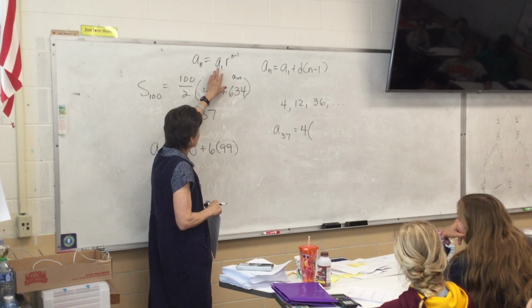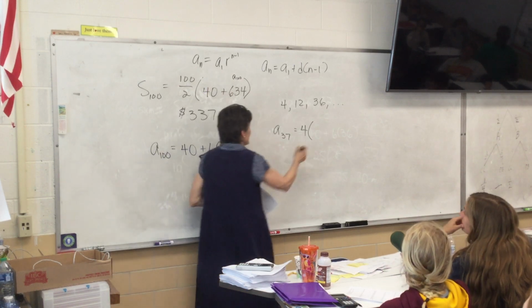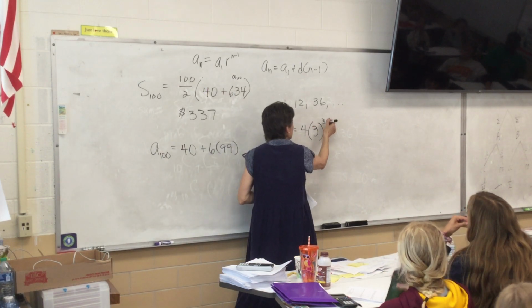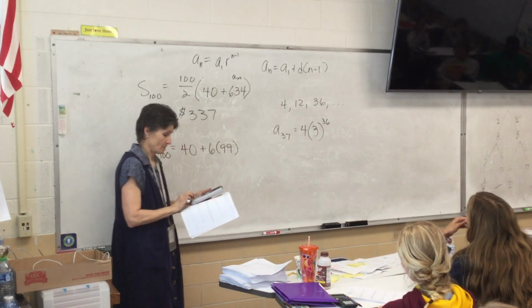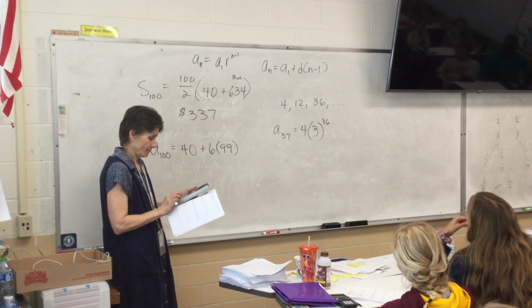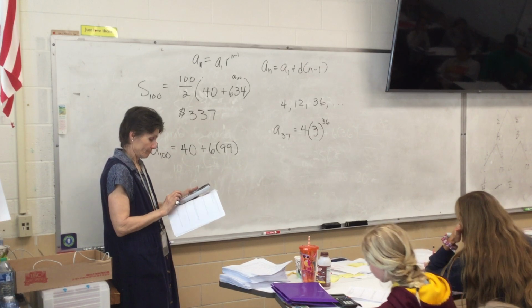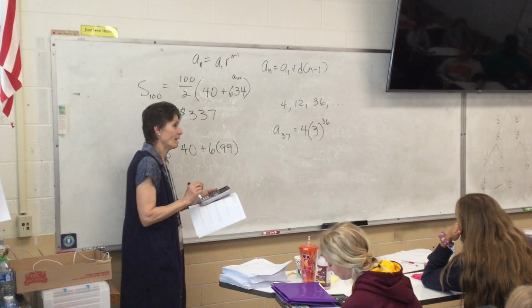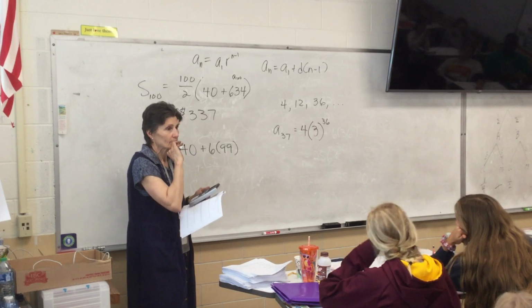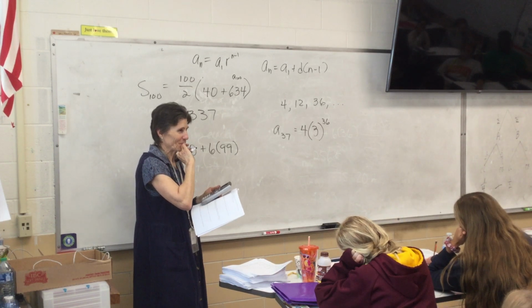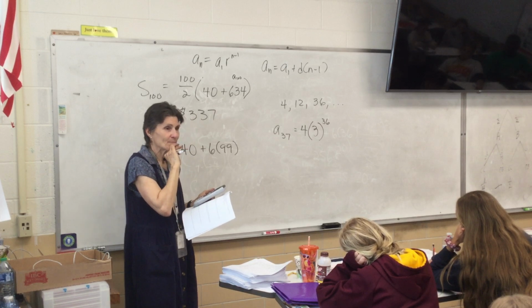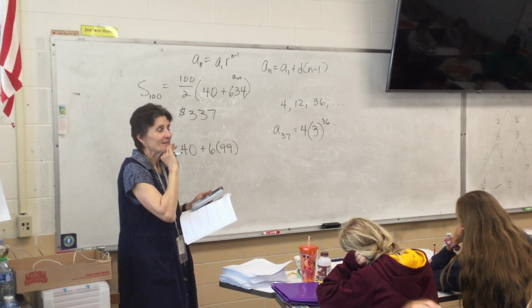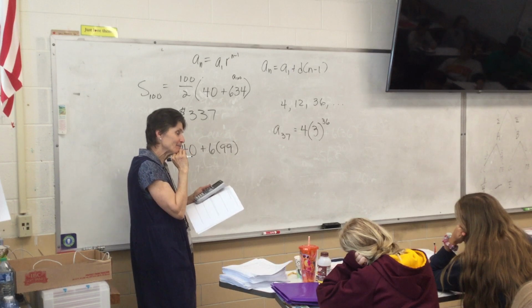So the formula says take the first term times the ratio to the n minus first. Oh my land. What'd you get? 6.003785 times 10 to the 17th, all right?